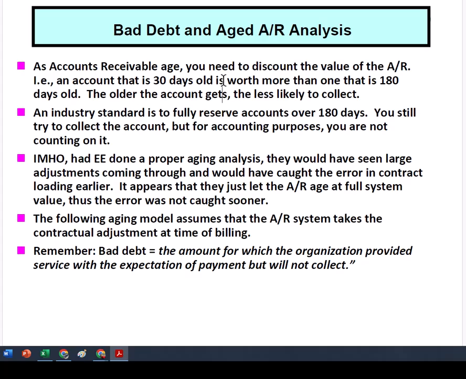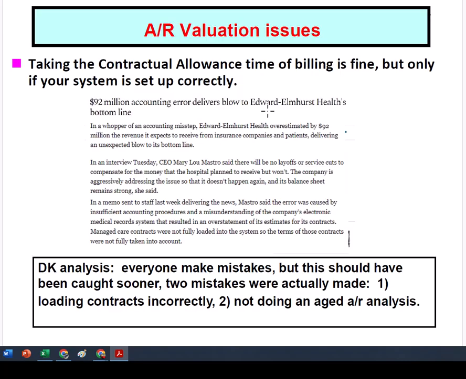In my opinion, had Edward done a proper aging, they would have caught this issue much sooner than they did. What they were doing is they loaded the contracts in wrong. It was overvaluing what their revenue should have been.